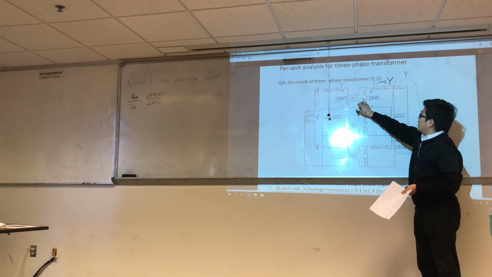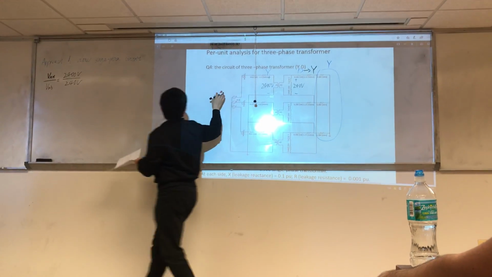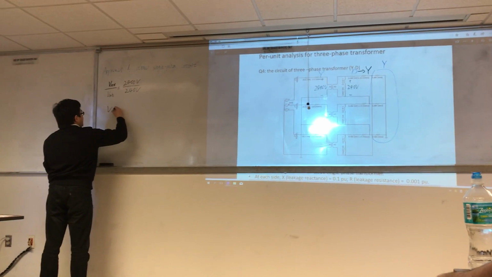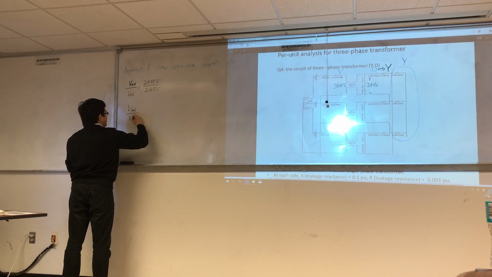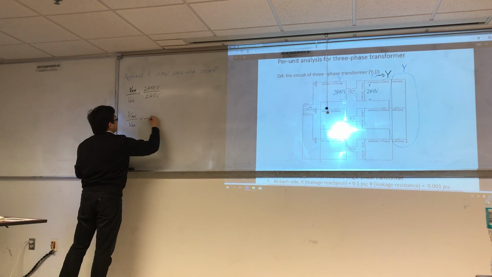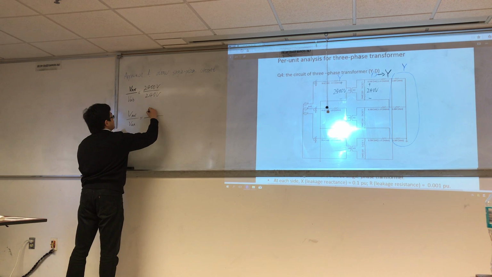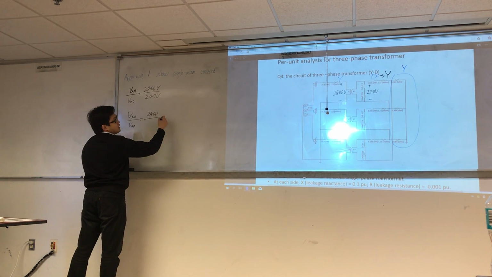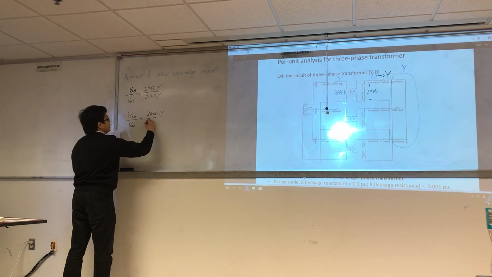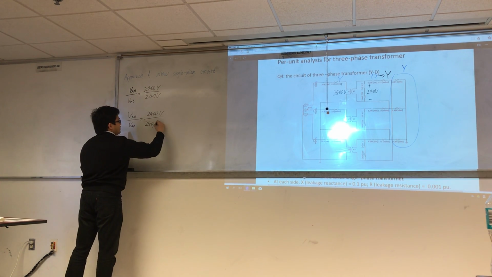This is a Y to delta connection. But we need a Y to Y. How to do that? VAN divided by Va little a and n. What's the ratio here? 2,400 volts, but the denominator is 240 divided by square root of 3.